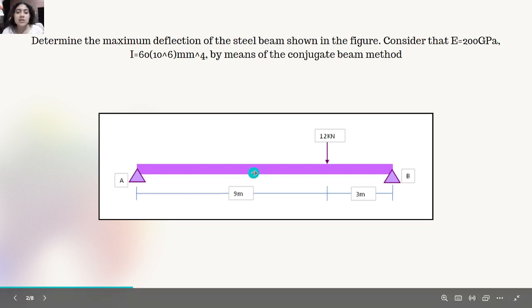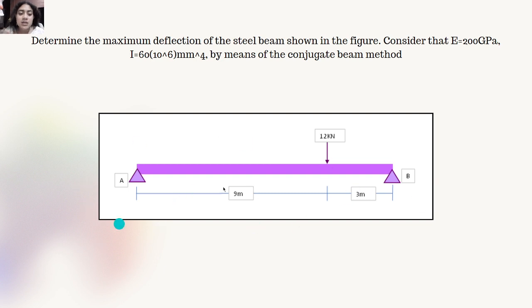And then the explanation: in this beam I have a force of 12 kN, and my distance at the input A, the point A to the force, is 9, and the distance to the input B, or the point B, is 3 meters.